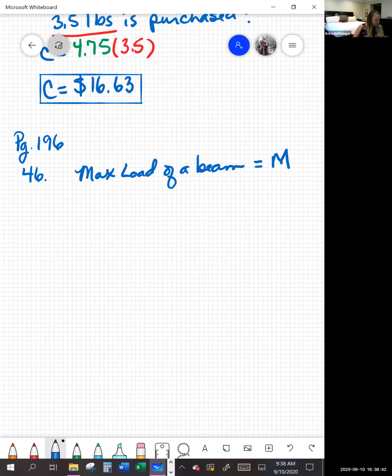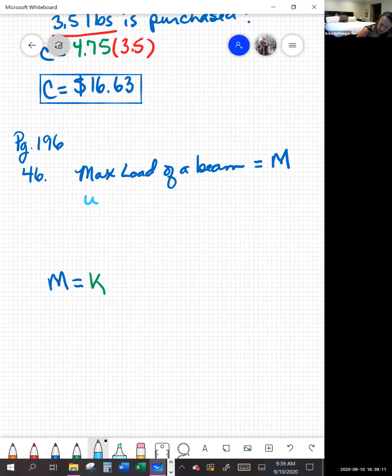Maximum safe load of a horizontal rectangular beam varies directly. So right now I know I have my equal sign in there. And let me go down here so we can put in the variables up here. So M is equal to, so I need my k value. So it varies directly with the width of the beam.